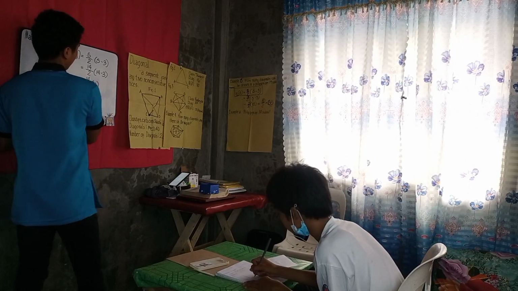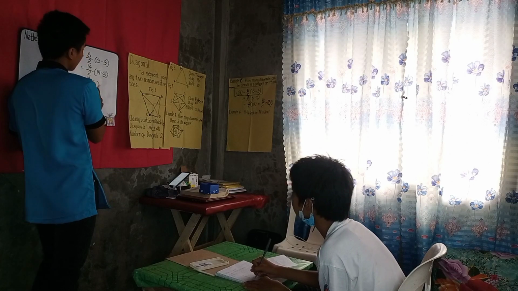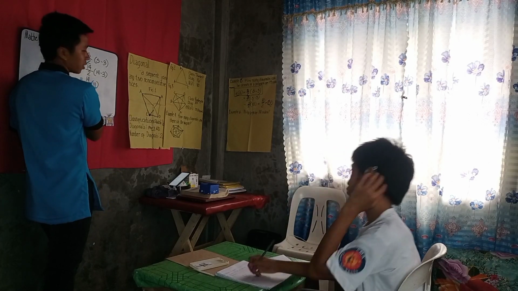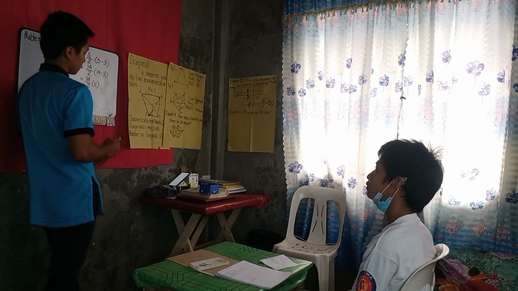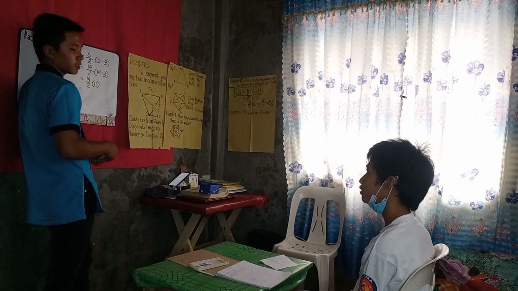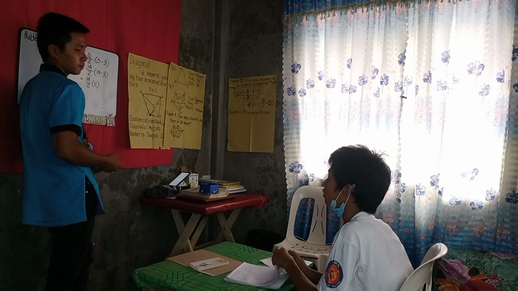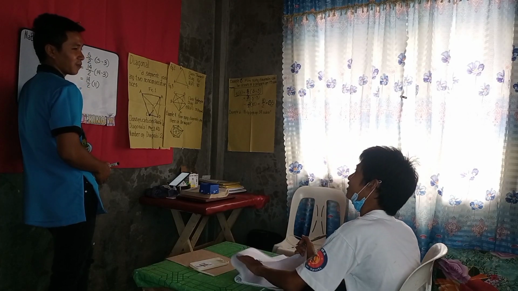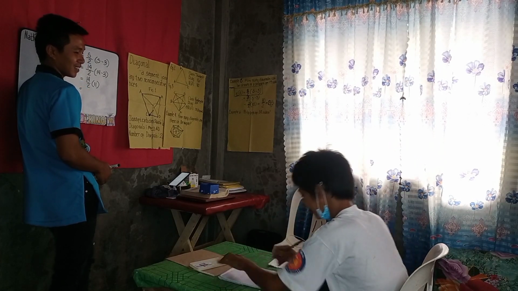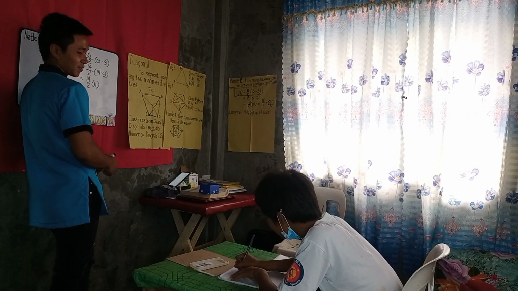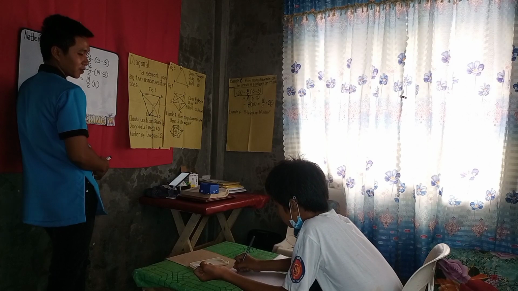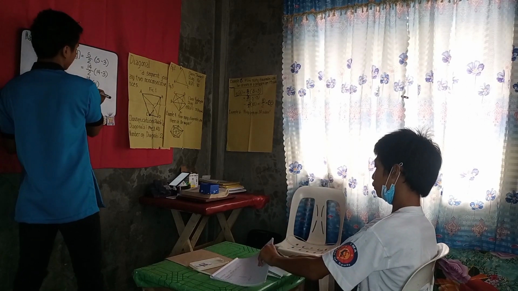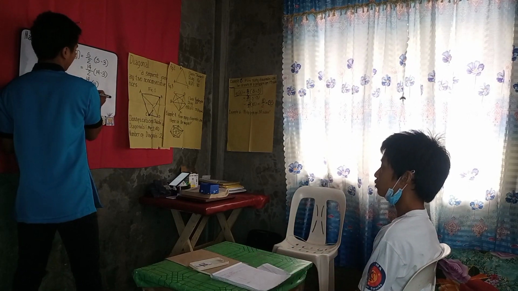Then, let us multiply 14 by 11. You can do it on your own. 11 times 14 is 154.